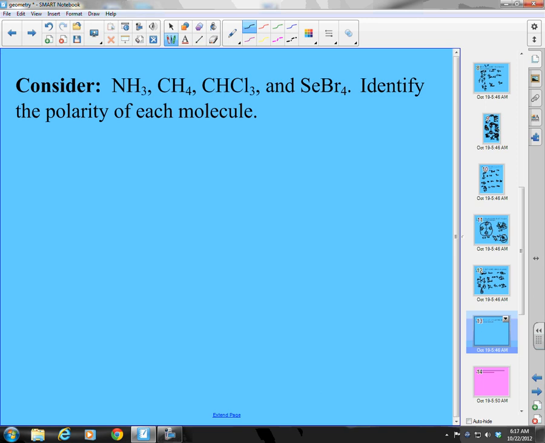Bring me back. Here I am. Ammonia, I think that's not a trick. I think that one's pretty easy, right? We say that's 3-1. It is trigonal pyramidal. If it's trigonal pyramidal, then it is asymmetric and it is a polar molecule.